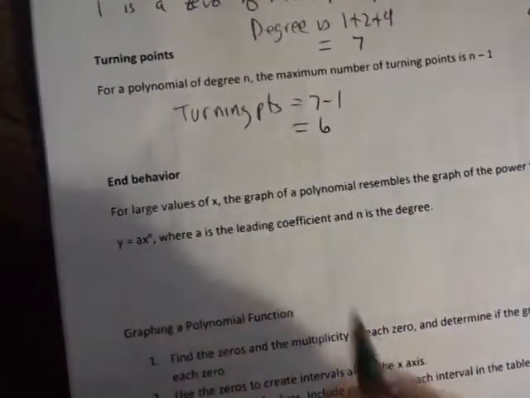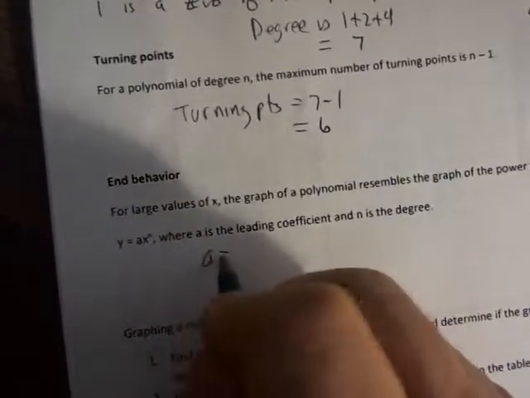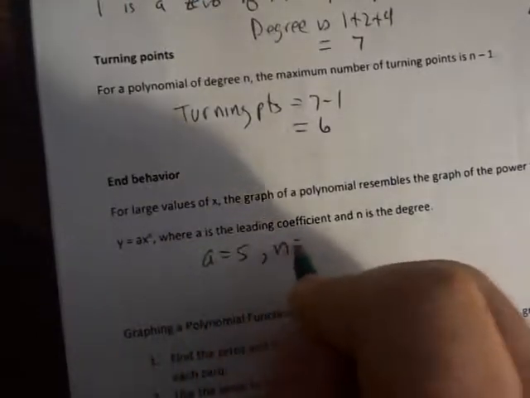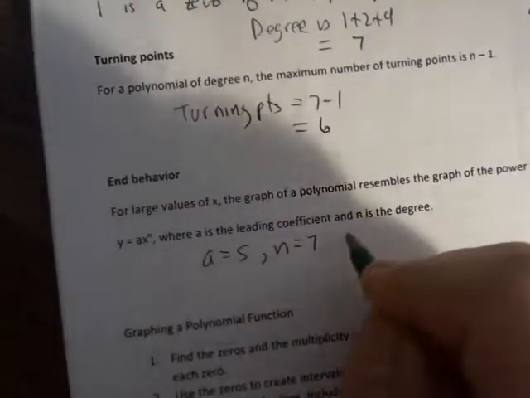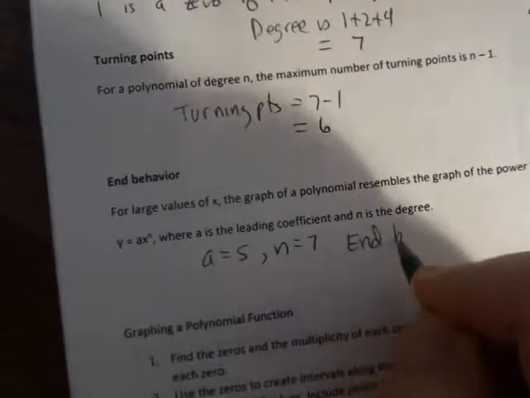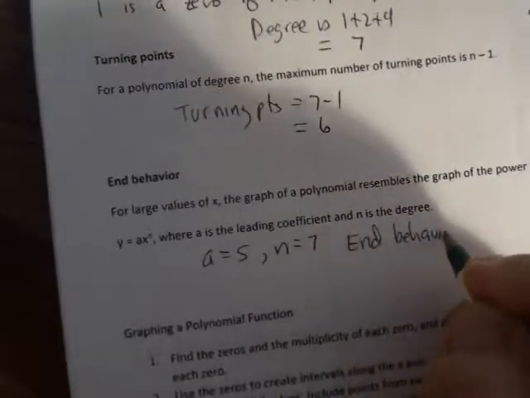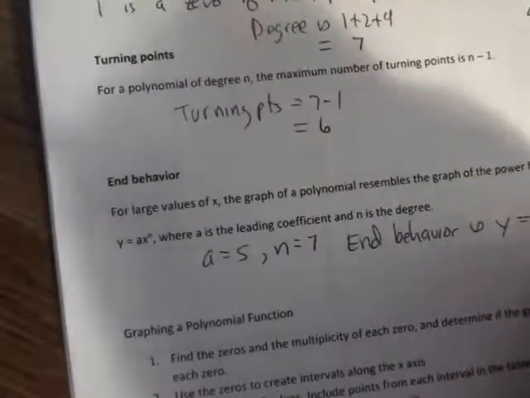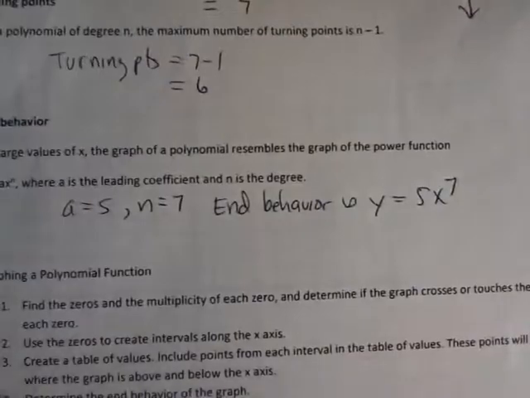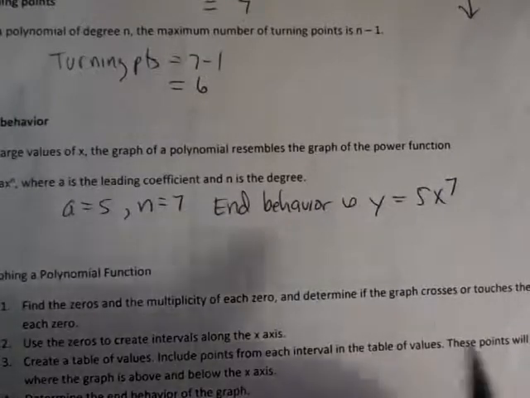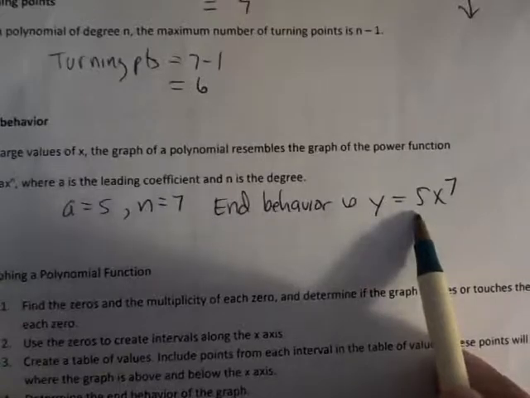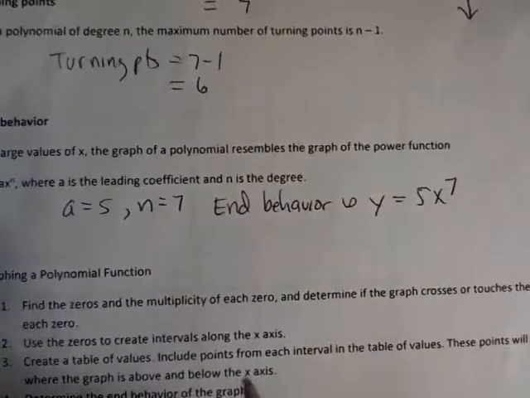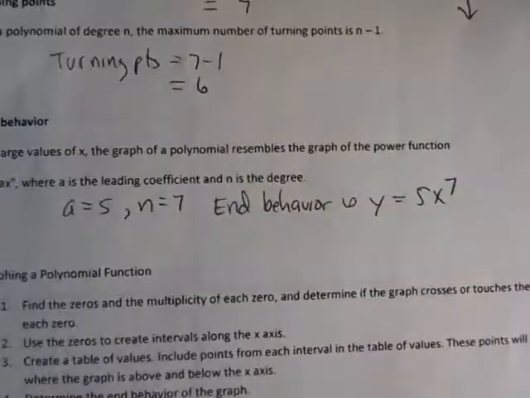In this case, a is 5, n is 7. So my end behavior is y is 5x to the 7th. If there's not a number out in front, then it's just regular old x to whatever the degree is. Okay?